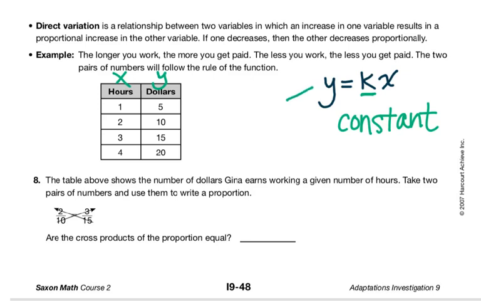So this is, let's use a different color over here. So this is the hours that we've worked, or excuse me, the dollars that we've made, and then x is how many hours we worked. So we can fix these colors over here too.